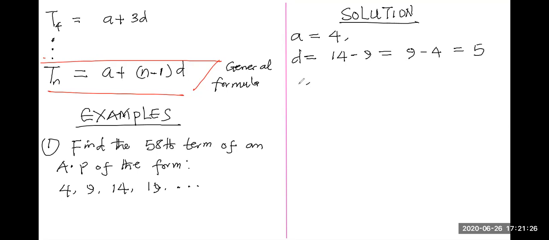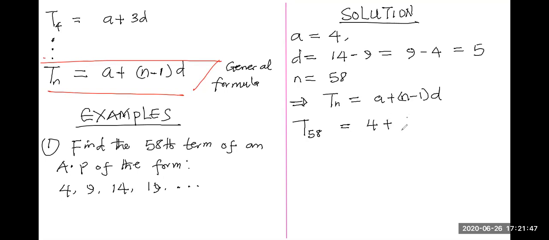All right. Here our n is 58. n is equal to 58. That implies using the general formula Tn equals a plus (n minus 1)d. When we substitute, our T58 equals 4 plus (58 minus 1) multiplied by 5.